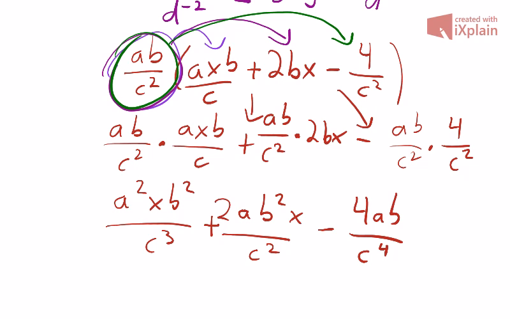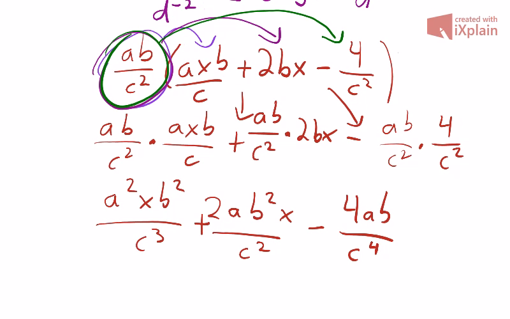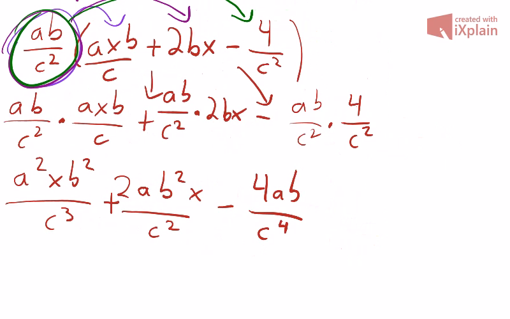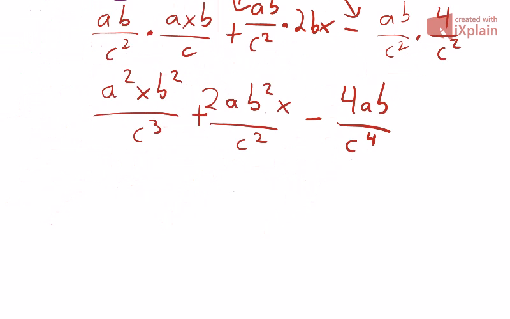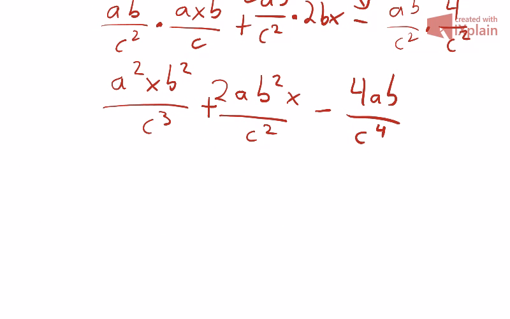My c squared times c ended up with c cubed on bottom. ab times axb, the a is squared, the b is squared, x stays the same. 2 comes out to the front, b is now squared, I have an a and an x over c squared. Over here I have 4 times ab divided by c to the 4th. And that is already simplified. So we are all done.